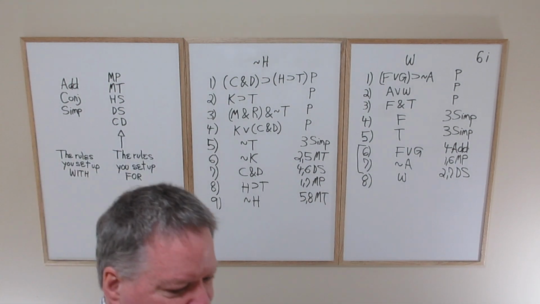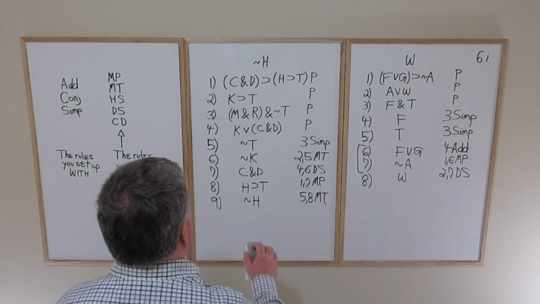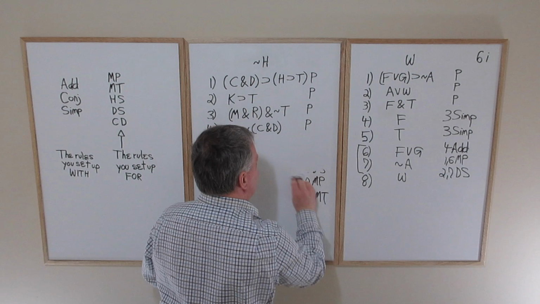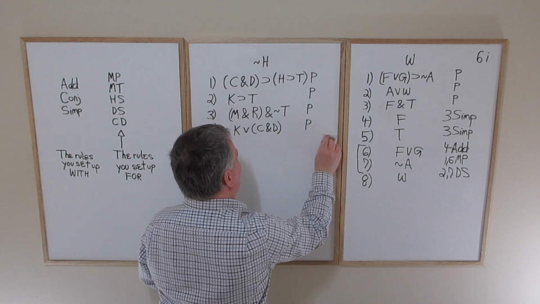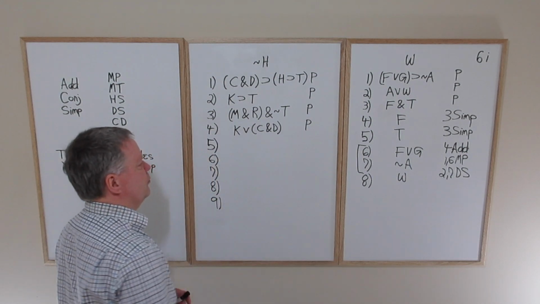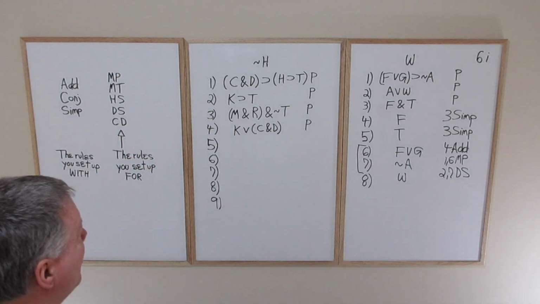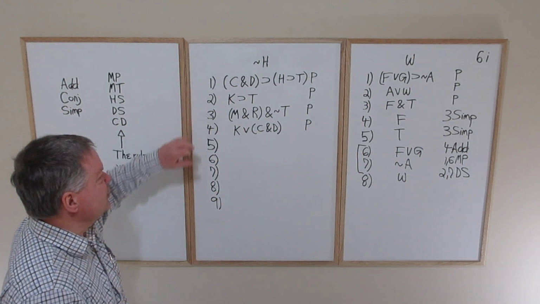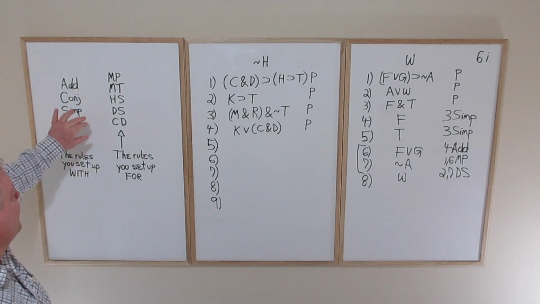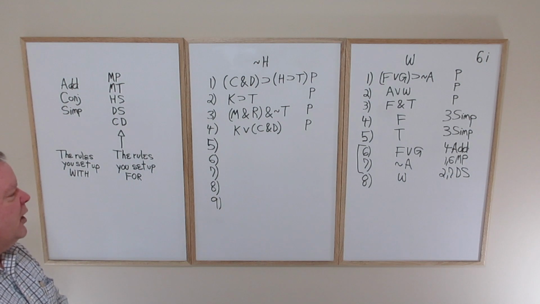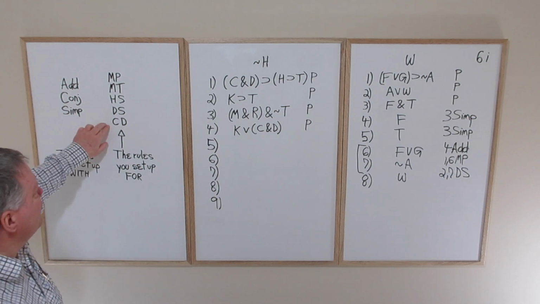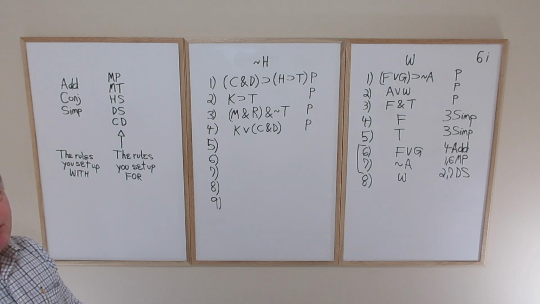Some of you, I'm hoping, might have noticed another way to do the proof, however. And that is, when we're scanning the initial data set, it turns out that there is an opportunity to employ one of the rules you set up for, namely the elusive constructive dilemma.